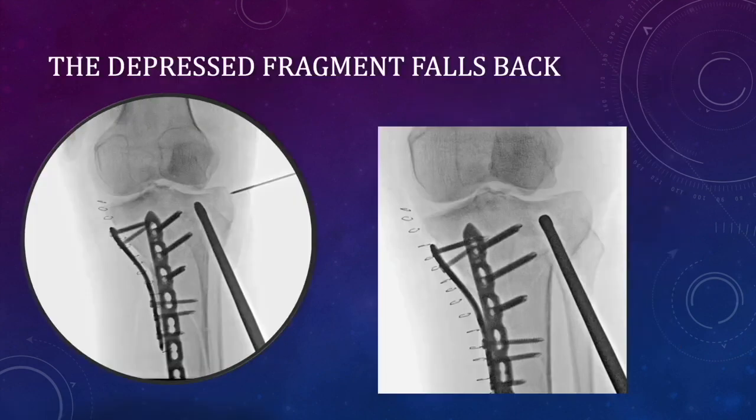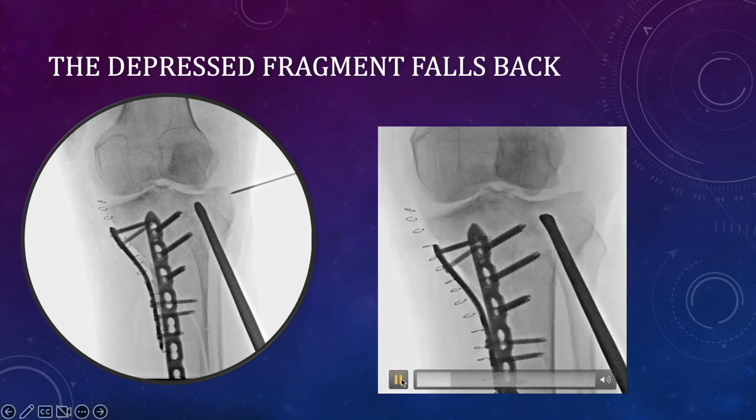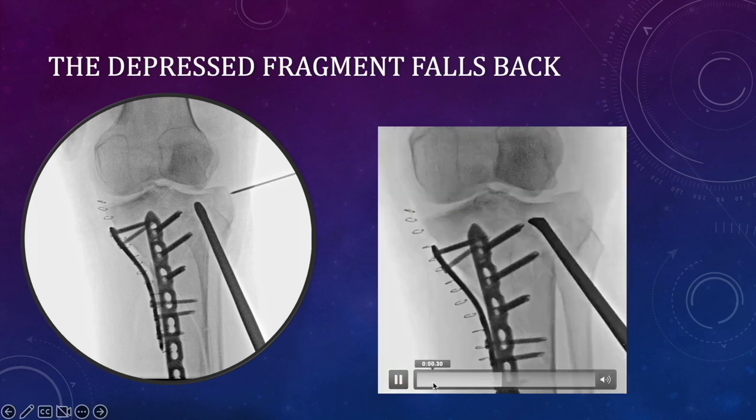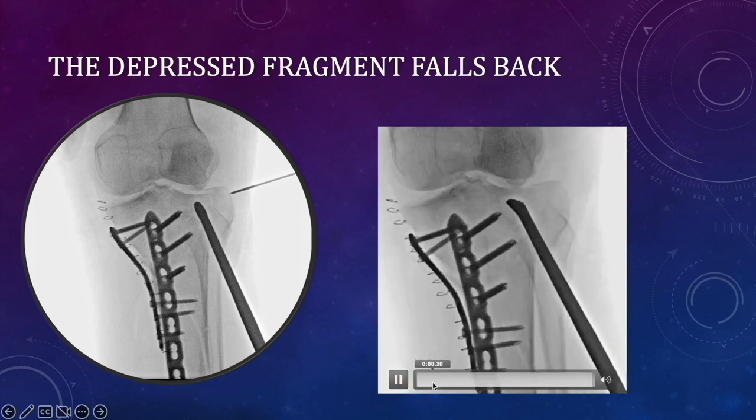And often there are concerns that whenever we are lifting the fragment, the depressed fragment falls back into place. So here you see the surgeon is struggling to bring the fragment from this location to this location, but he is not able to do it. You see, the fragment is constantly lying below. So why is it happening? You see there is space here, but why is it not coming here?